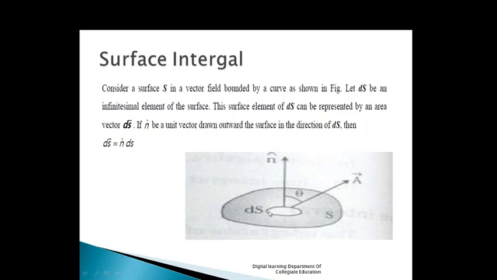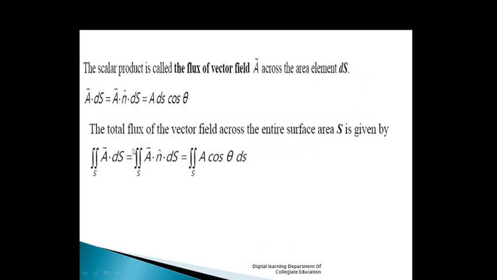Let ds be a small element of the surface. This surface element can be represented by the area vector ds. N cap represents the unit vector drawn outward from the surface in the direction of ds. Therefore, ds vector equals n cap ds.